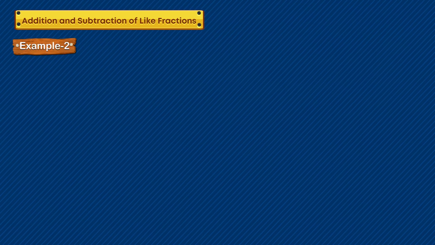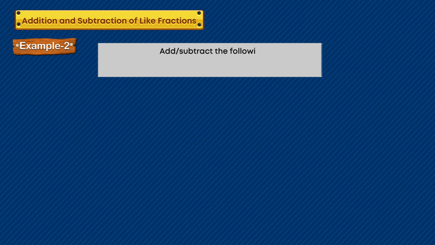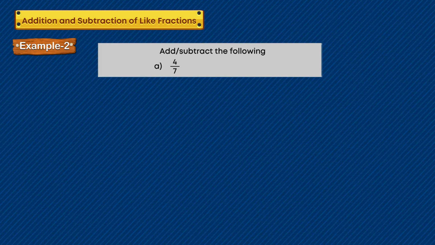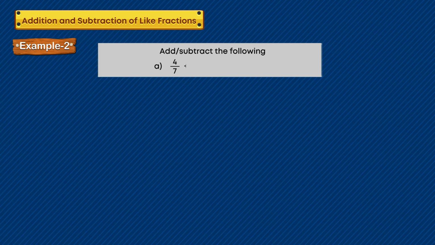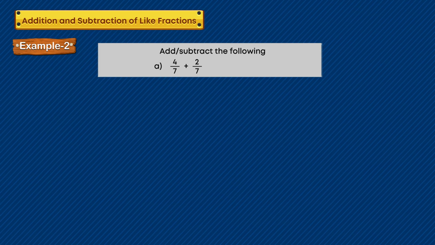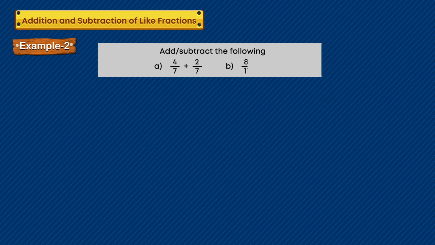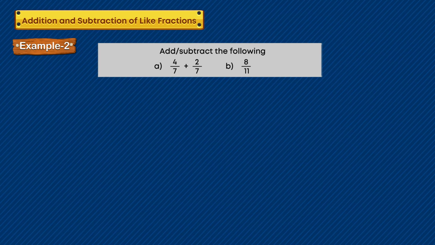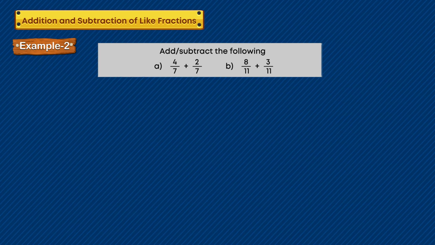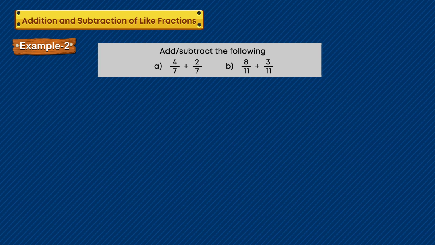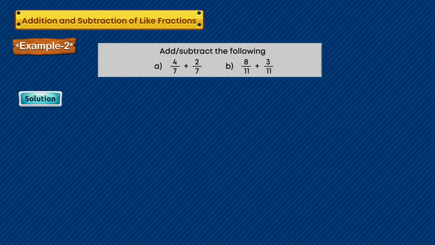Example 2. Add or subtract the following. A. 4 by 7 plus 2 by 7. B. 8 by 11 minus 3 by 11. Solution.